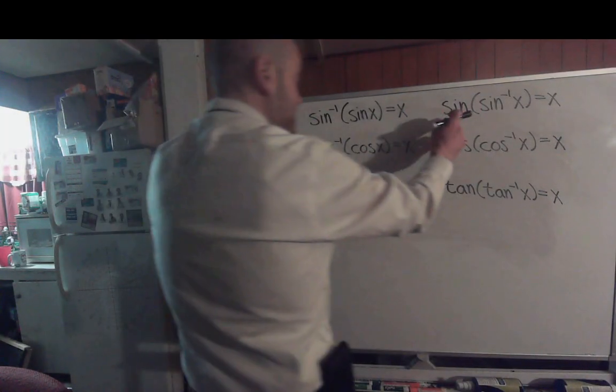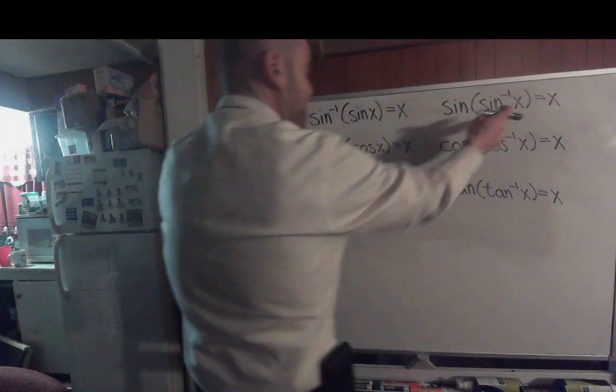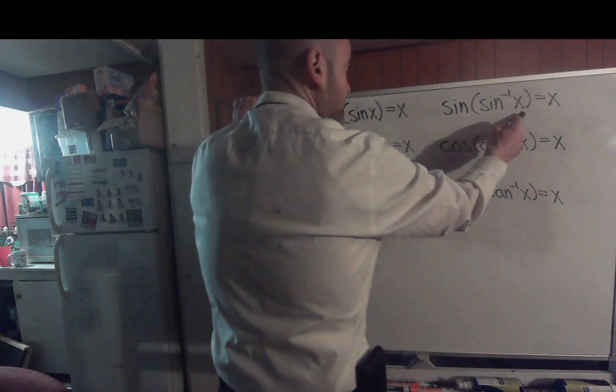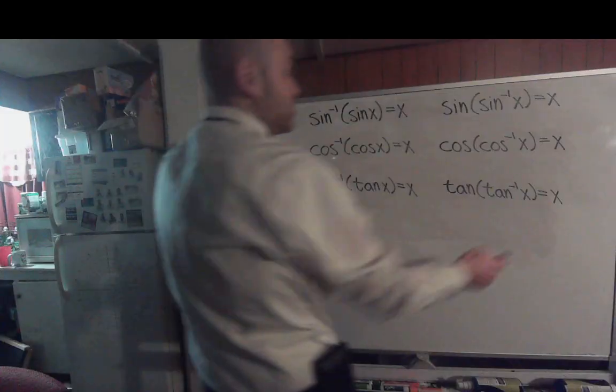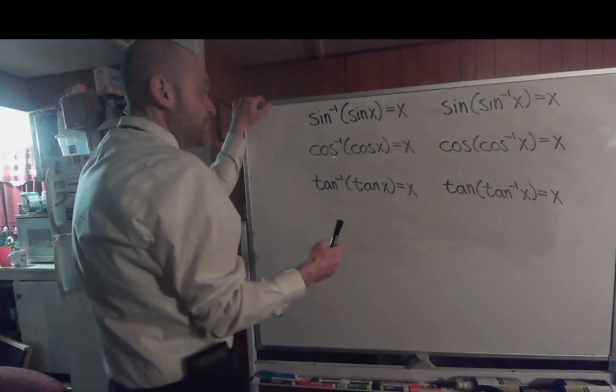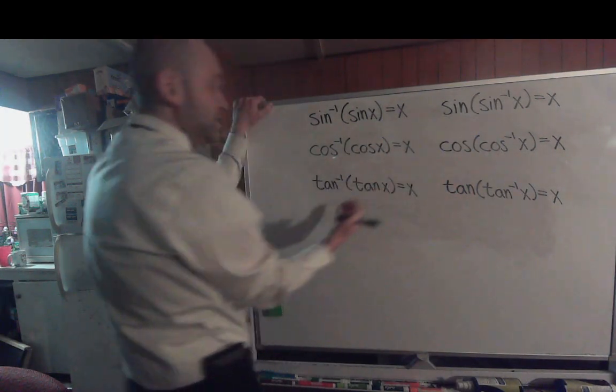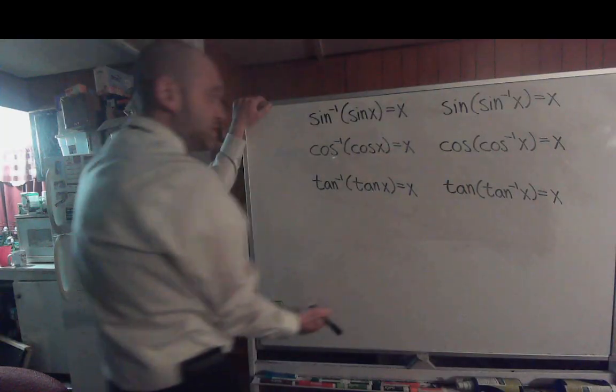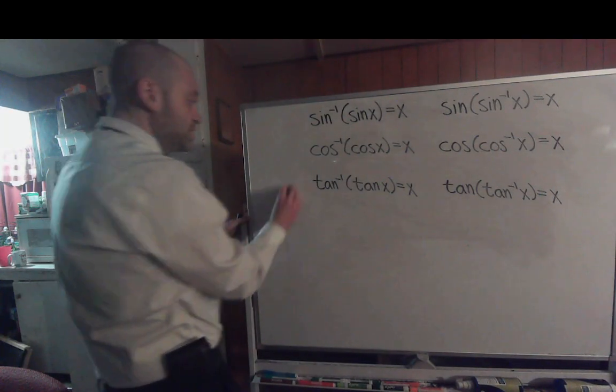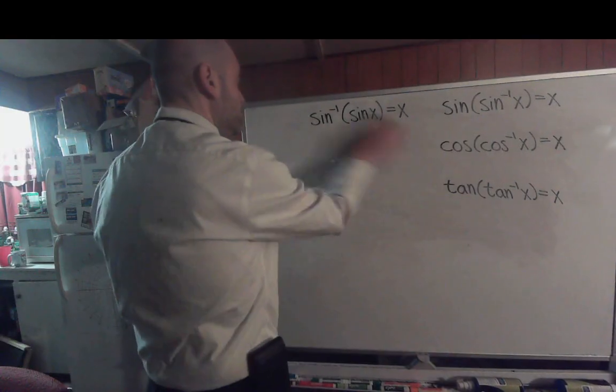And on the flip side, sine of the sine inverse of x, if that x is within the domain of the sine inverse function, I should just get back x. And likewise with your inverse cosines and inverse tangents and tangents. So let's do some problems here to illustrate this.